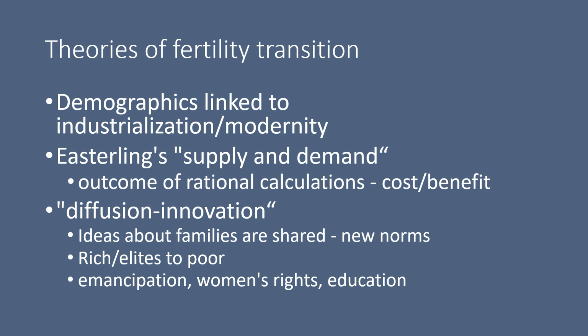There's a school of thought that's still around, although it's not as dominant as it once was, that a lot of this happens because people just rationally decide to have fewer children or more children. They do a cost-benefit analysis and they make those choices. However, some people would critique that and say much of what happens is these forces happen organically without people's conscious efforts, and then become embedded into new norms that people decide are right.